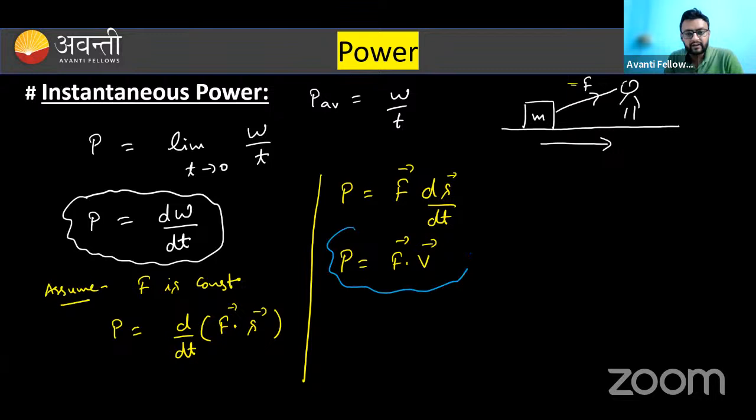This is again a very important relation. So we have two formulas for power. One is average power, which is work done per unit time, the rate of doing work. Second is instantaneous power, P is F dot V. Remember these two formulas?